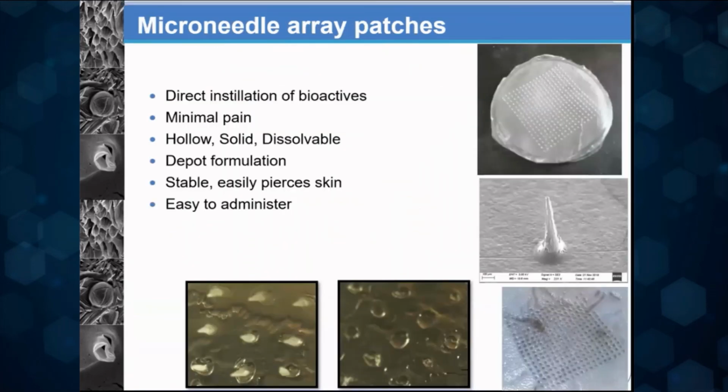One more platform I would briefly touch upon is something known as a microneedle array. Now, we all know that injections can be given to overcome some of the barriers that we are talking about, and particularly if we want to give something through skin. The pain and other associated problems with injections can be minimized by what we call microneedles.